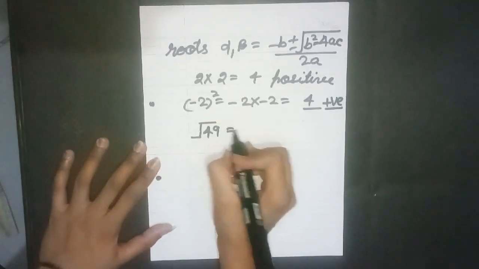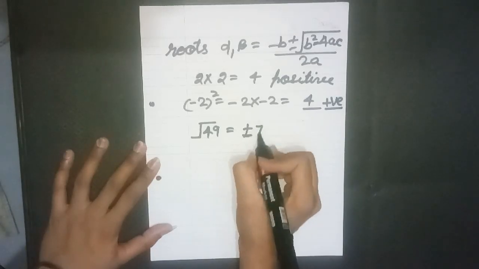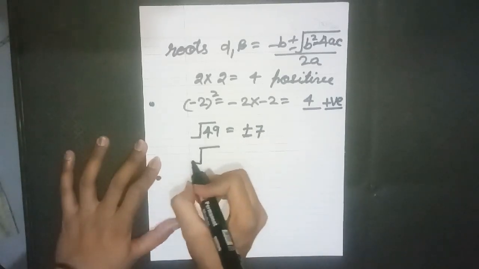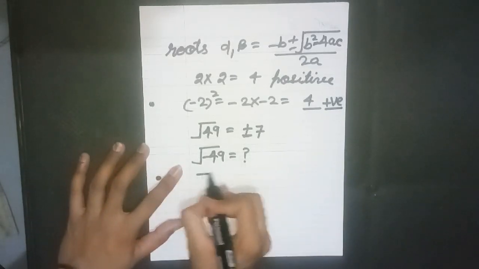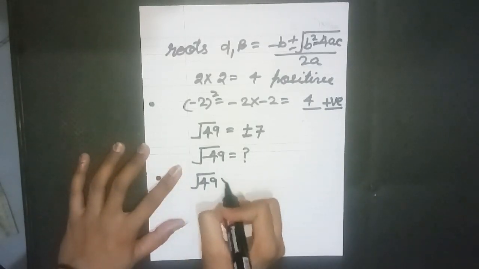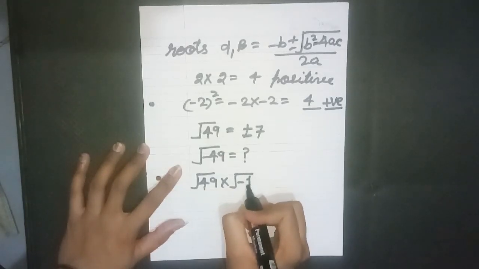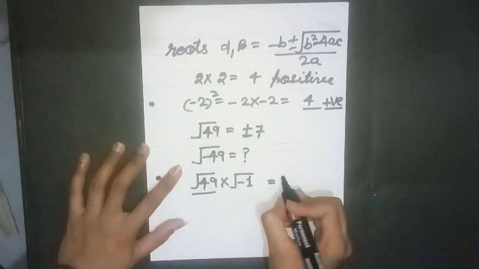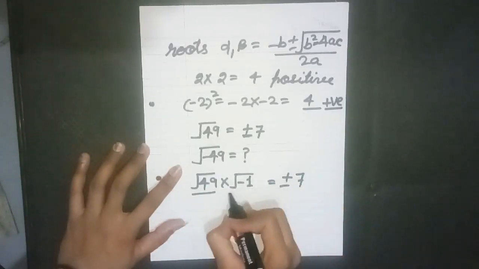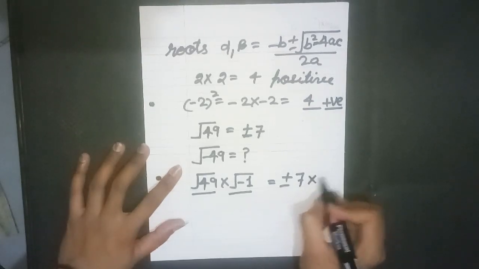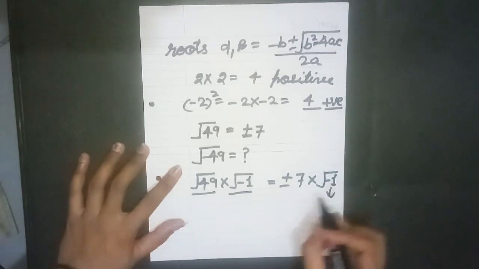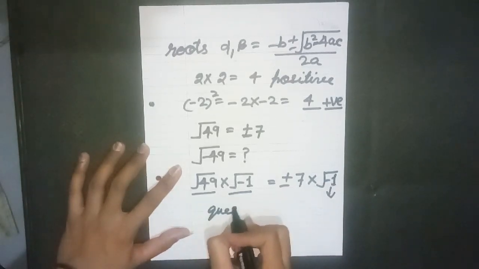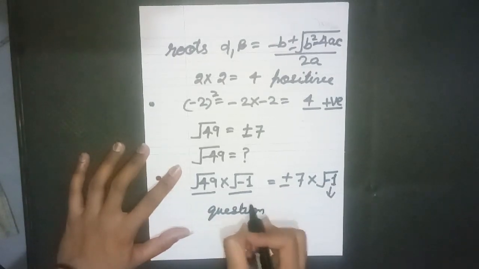Under root of 49 will be equal to plus minus 7, right? And under root of minus 49 is under root of 49 into under root of minus 1, that is equal to plus minus 7 multiplied by under root minus 1. And where is the problem? The question is we have to find the solution of under root minus 1.